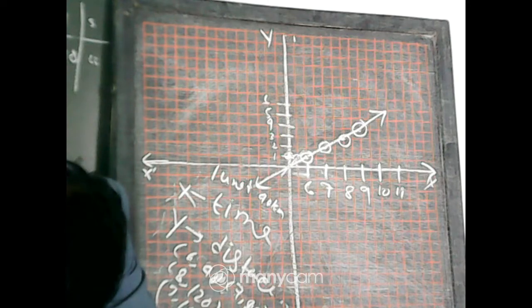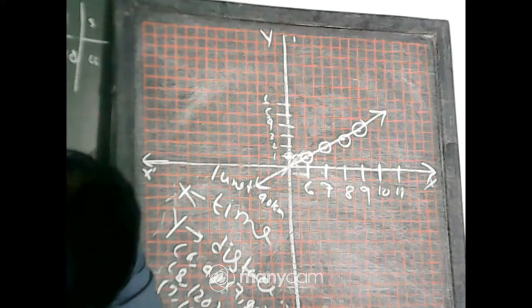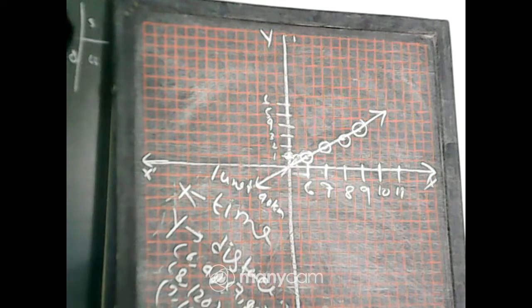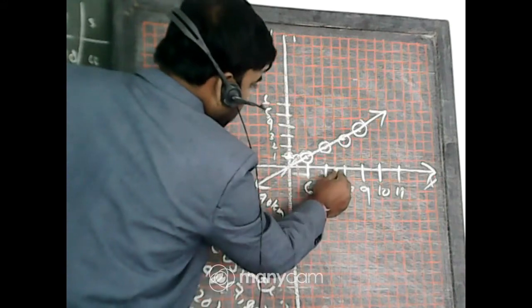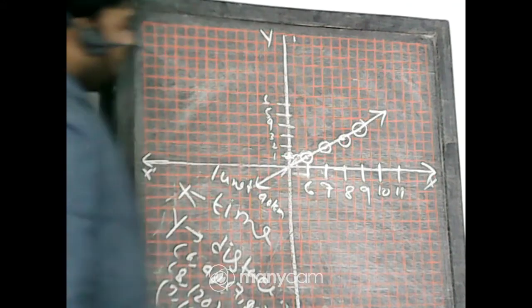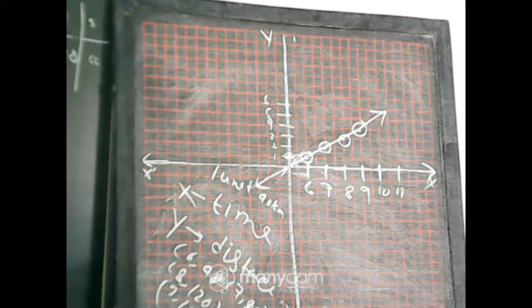Question is how much distance did they cover during 7:30 to 8? 7:30 means here these two. How much distance covered from 7:30 to 8 am? What will be the answer?